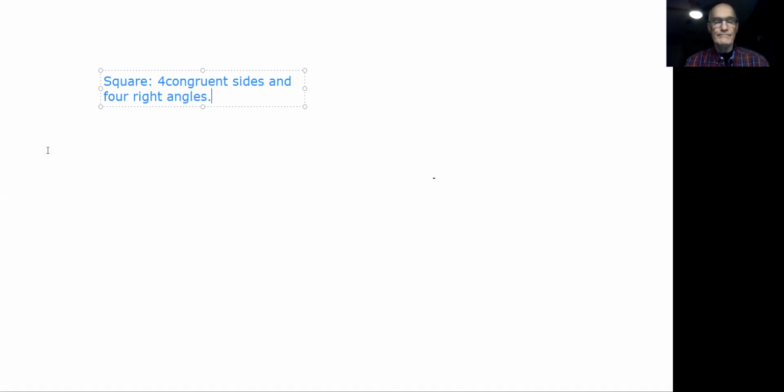You remember yesterday when we looked at rectangles, a rectangle has four right angles. A rhombus has four congruent sides, so a square is a special type of rhombus and rectangle. It has the properties of both: four right angles, the opposite sides are congruent, and so forth.